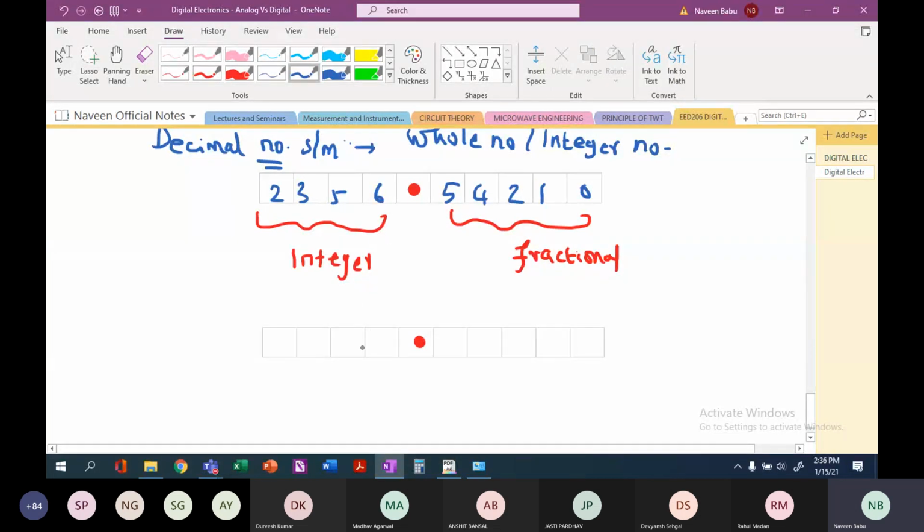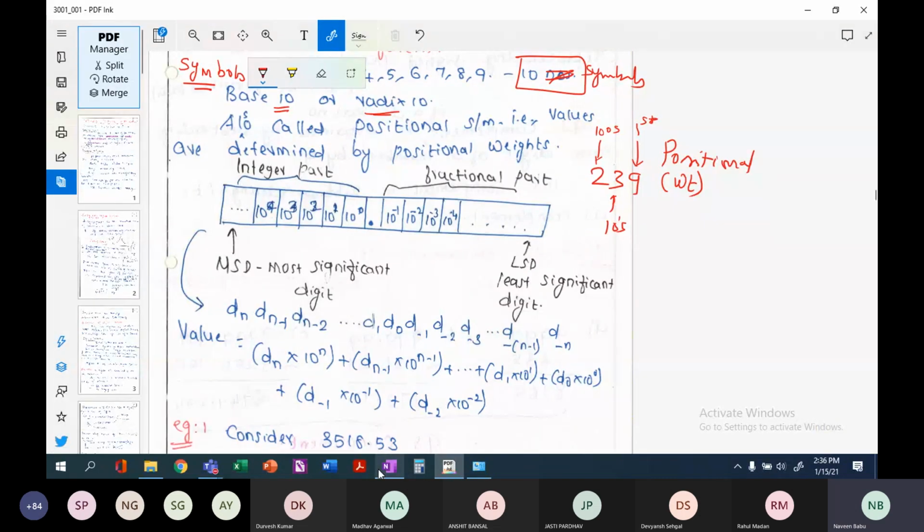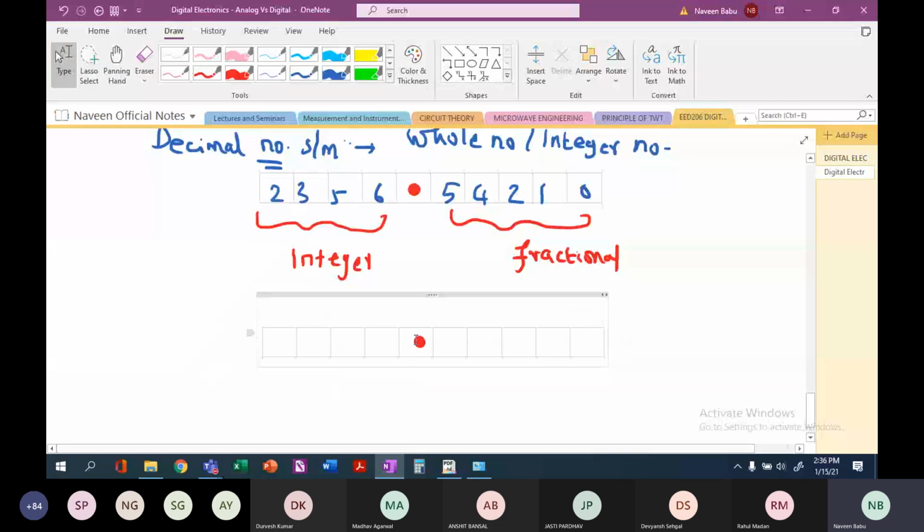Normally it is represented as 10 power 0. Since its base is 10, we know that this is the ones position, this is the tens position, this is the hundreds position, and this is the thousands position.